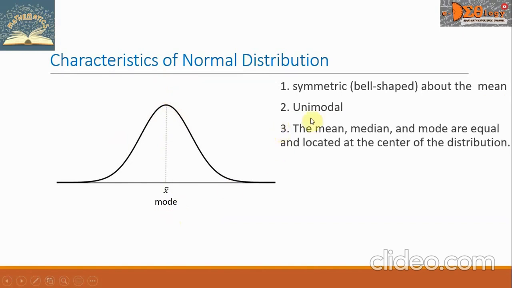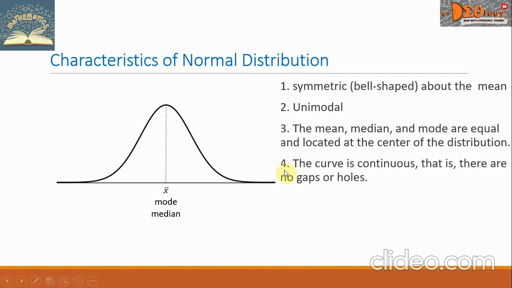Number 3, the mean, median, and mode are equal and located at the center of the distribution. So we placed already the mean and the mode at the center. We will add the median. These values are equal and located at the center.